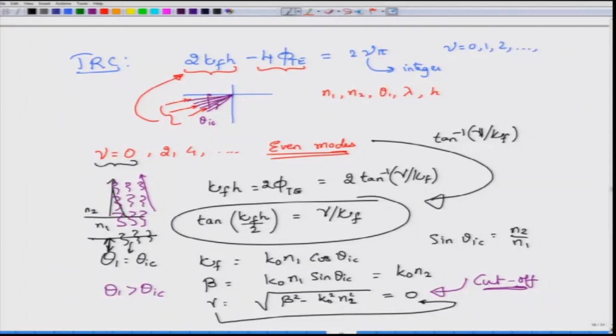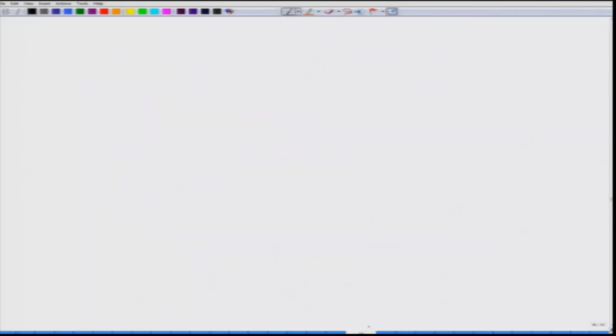So, gamma is 0, and kappa f is k0 n1 cos theta IC. You can either extract cos theta IC from this equation, or go to the more defining relationship between kappa f and beta, which is the square root of k0 square n1 square minus beta square. Beta at cutoff will be k0 n2, so kappa f will be k0 times the square root of n1 square minus n2 square.